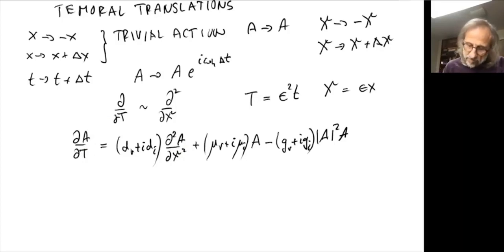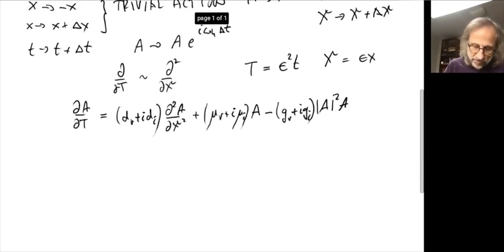And we can multiply the overall equation with a factor. And so when everything is said and done, you can scale d_r to 1. You can scale mu_r to 1, and you can scale g_r to 1, and you then get the following equation.